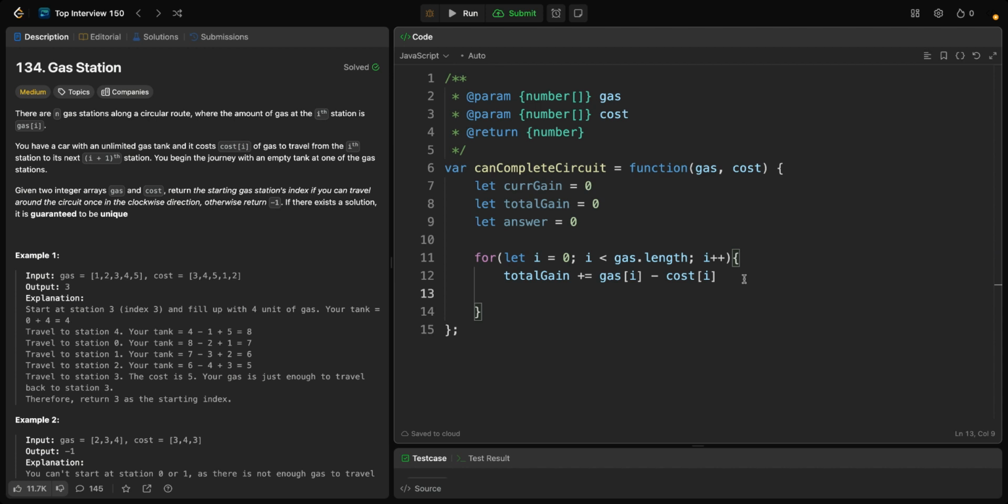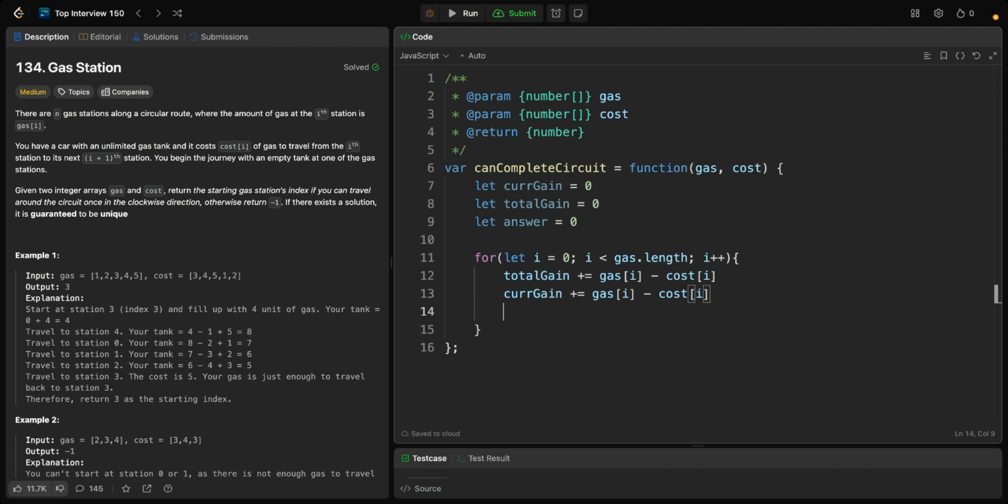And we want to take current gain, it will be plus equal gas[i] minus cost[i].